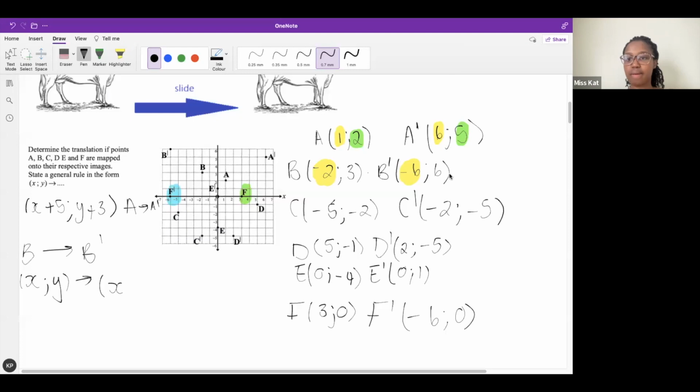Think carefully. Subtracting. So how much am I subtracting to go from -2 to -6? How much am I subtracting? 4. Thank you. So we've sorted out the X.